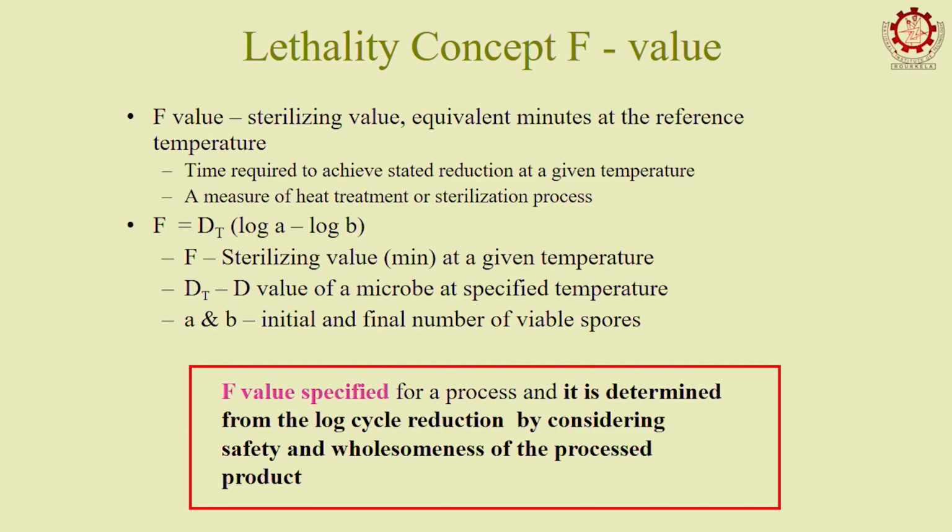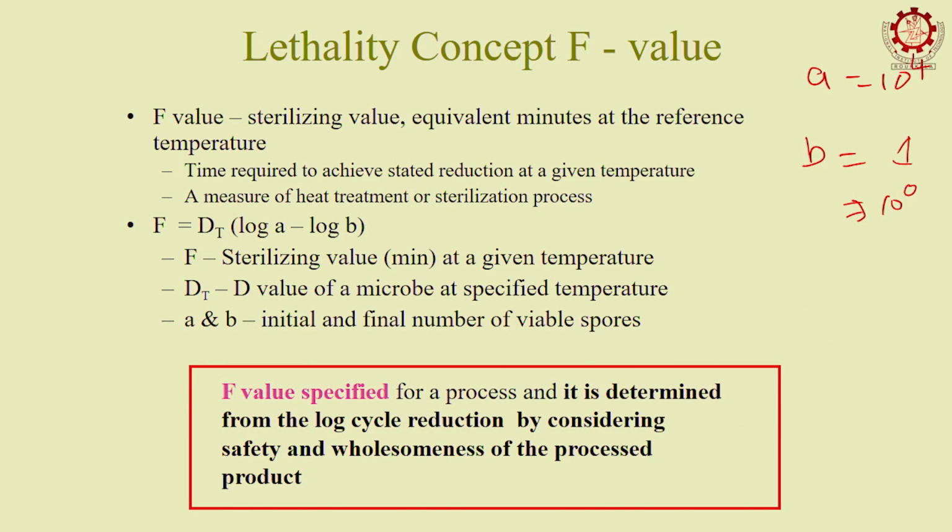So, let us say I have a raw product, like raw meat, and I have 10 power 4 bacteria. Let us say the initial population is 10 power 4, and I want a final population of 1, which is equal to 10 power 0.